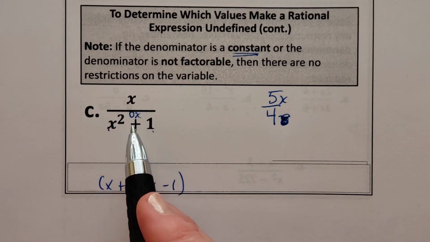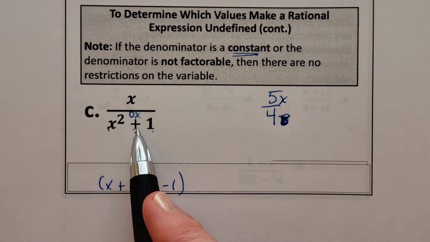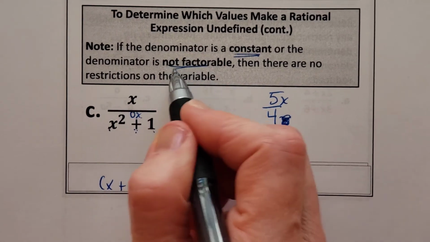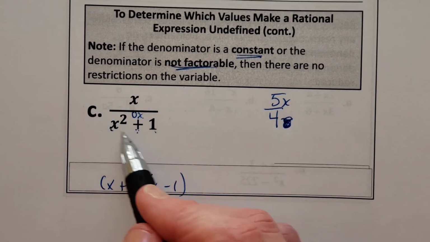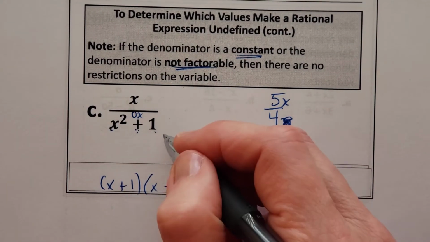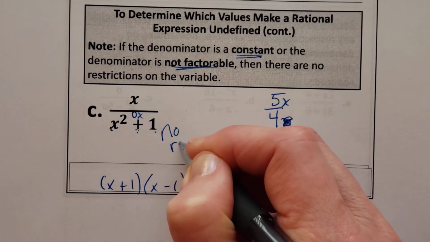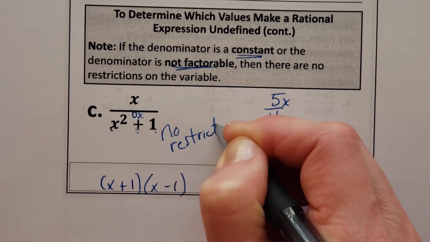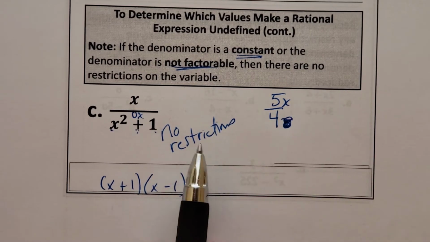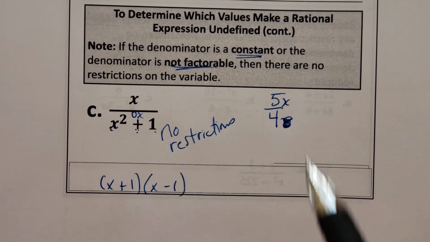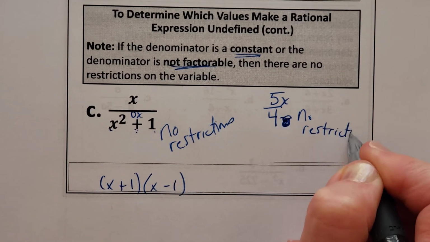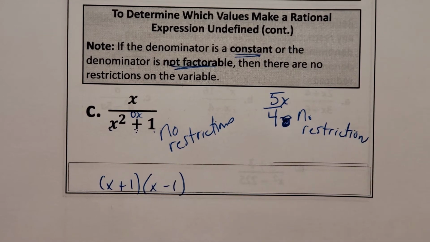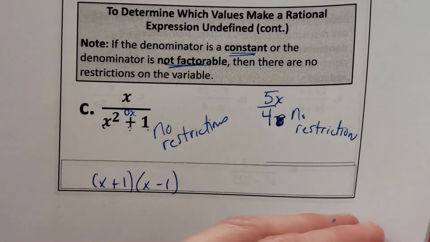So since this denominator is not factorable, if it asks for restrictions on a problem like this, you would just say there are no restrictions. There are no restrictions if the denominator is not factorable, and no restrictions when the denominator is a constant, if you don't have a variable in the denominator.